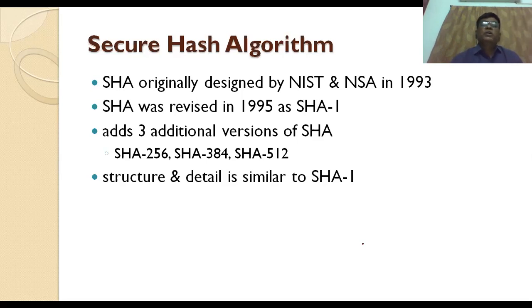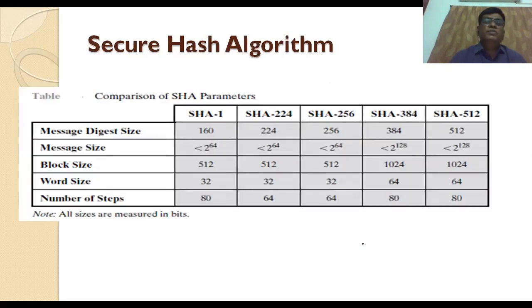If you compare all the SHA hash algorithm versions, for example, we have the SHA-1 algorithm, and its advanced versions SHA-224, SHA-256, SHA-384, SHA-512. These are different secure hash algorithms.